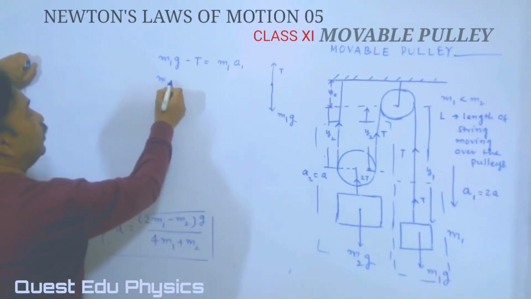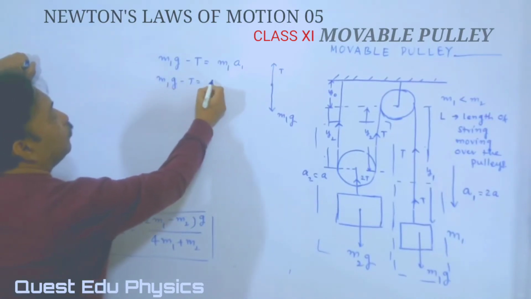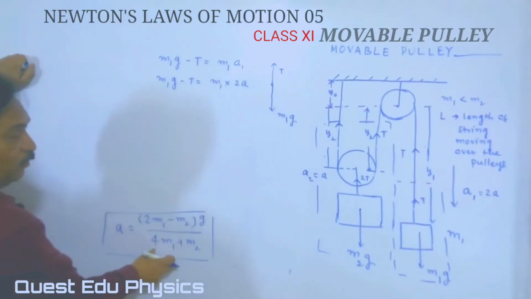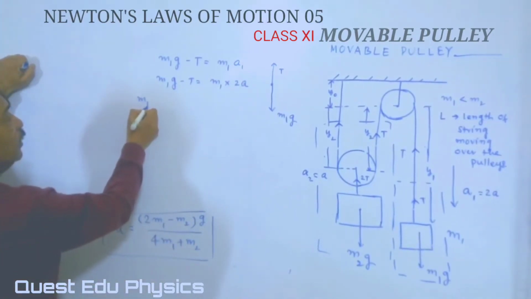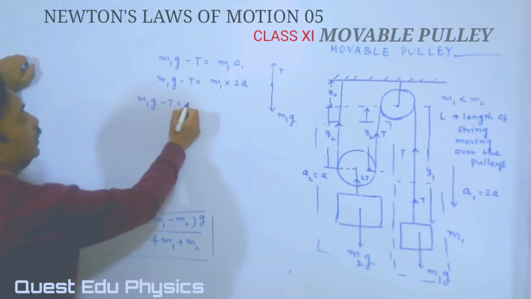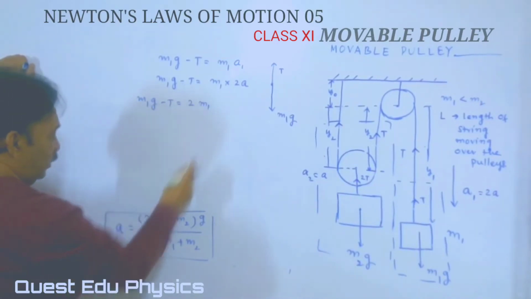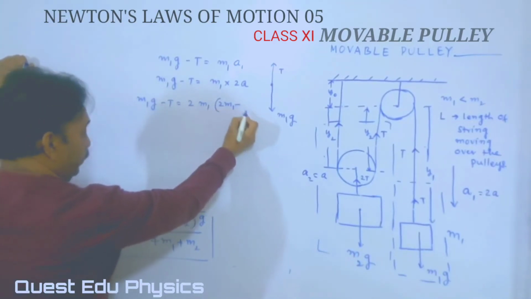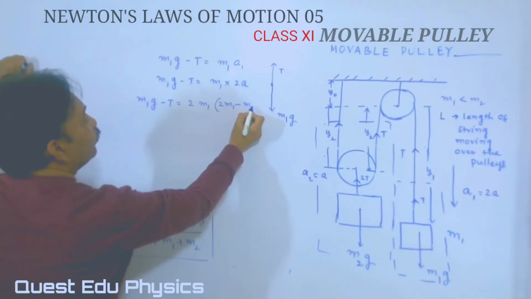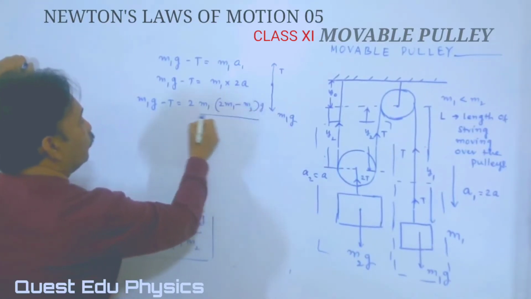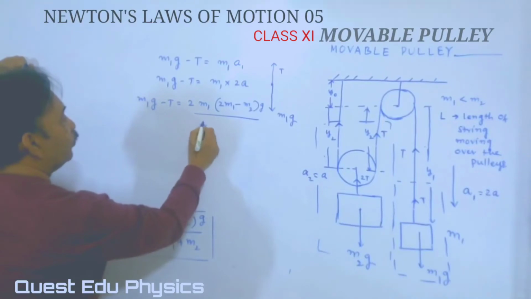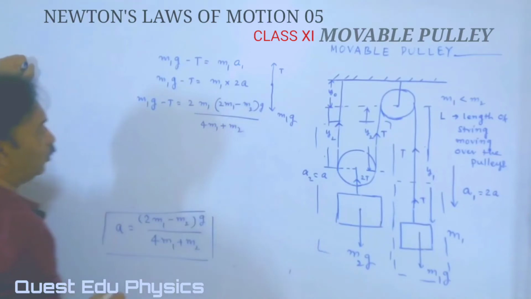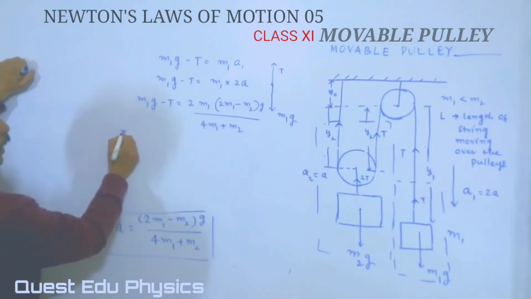And we wrote it as M1g minus T equals M1 into 2a. We had the value of a. It is M1g minus T is equal to 2M1 into (2M1 minus M2) g, whole divided by 4M1 plus M2.